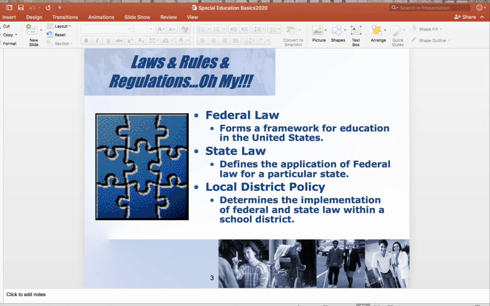State law is where each state has taken that framework and identified all the processes they need to apply, and those are the pieces that go in the middle of the puzzle. Local district policy is how the picture looks and how the pieces go together to make the picture appropriate. So that's how federal law, state law, and local district policy all fit together neatly into that puzzle.